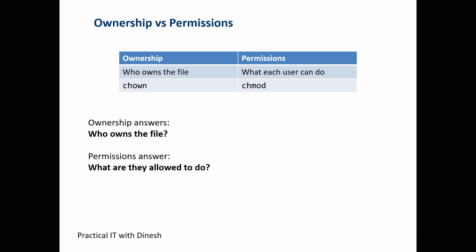Ownership answers the question, whose house is it? Permissions answer the question, who is allowed to enter, make changes, or use it. In Linux, chown changes ownership while chmod changes permissions.